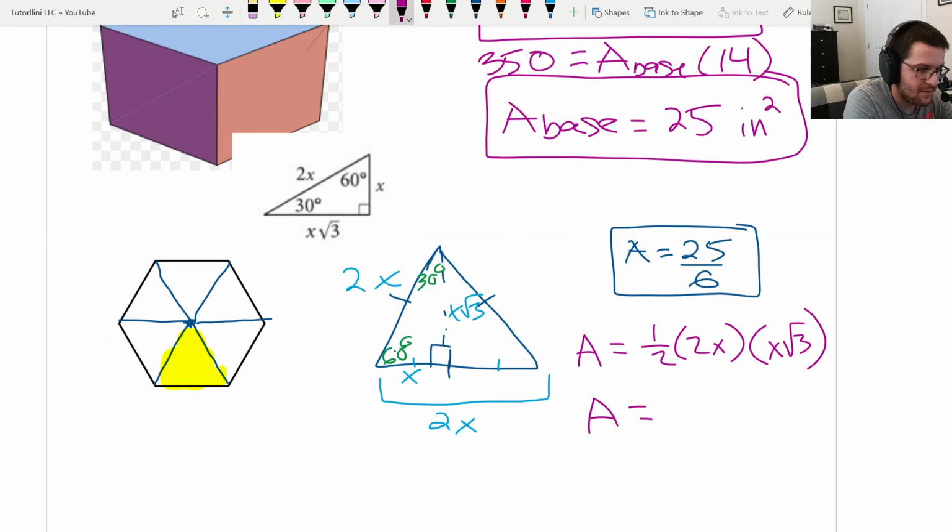That should give you root 3 x squared, something like that. And we know this is equal to 25 over 6.